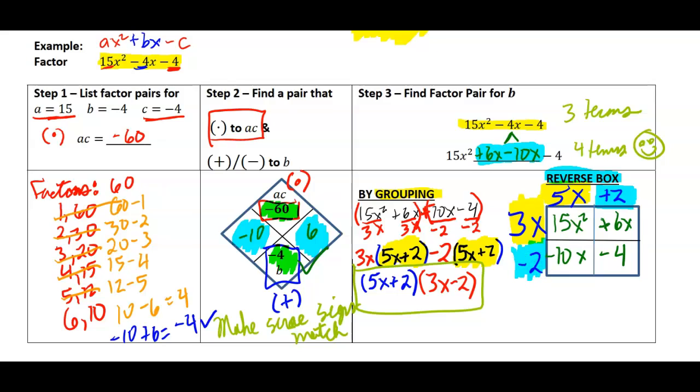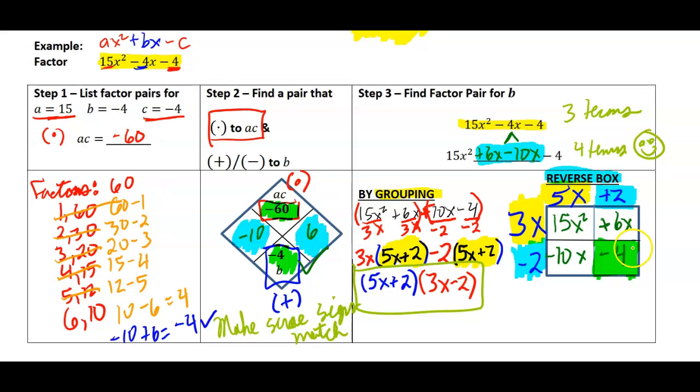Then my last thing is my last box. Is it correct or not? And how I check that is I take this negative 2 and this 2, and they have to multiply into the last box. So what is 2 times negative 2? It is actually negative 4.